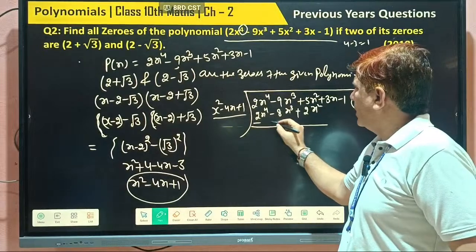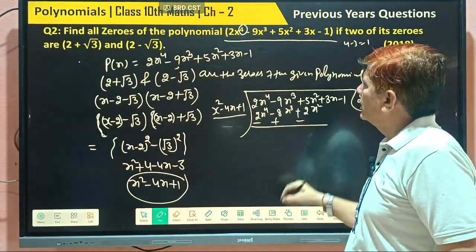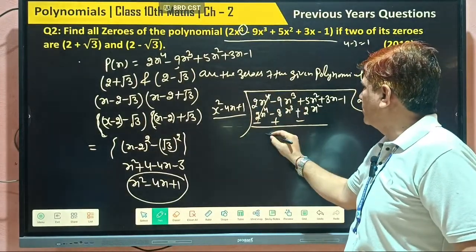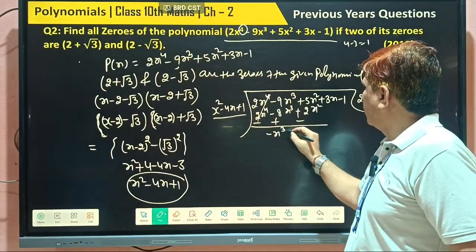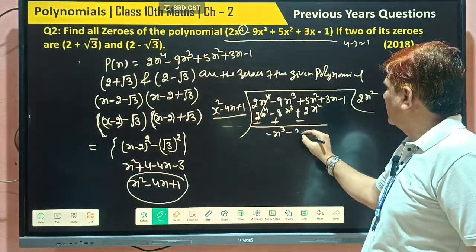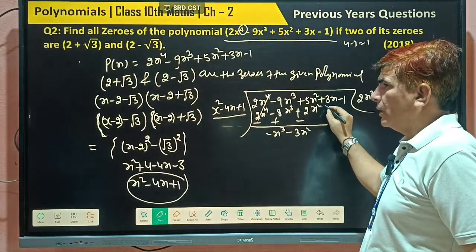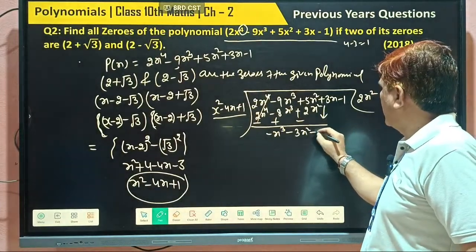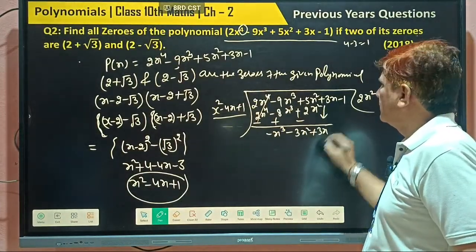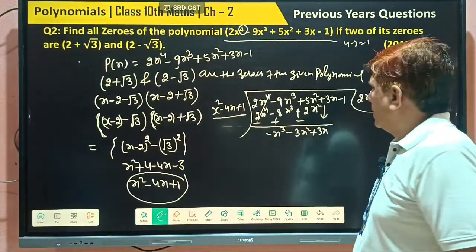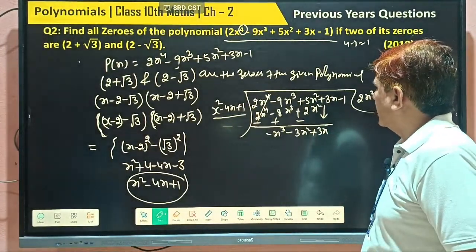Calculate it. Minus plus minus, this cancels out. How much? Minus x cube. Minus 3x square. And what's coming here? Plus 3x. Plus 3x square.